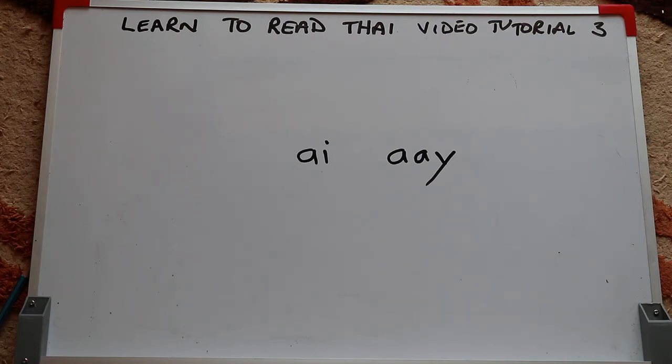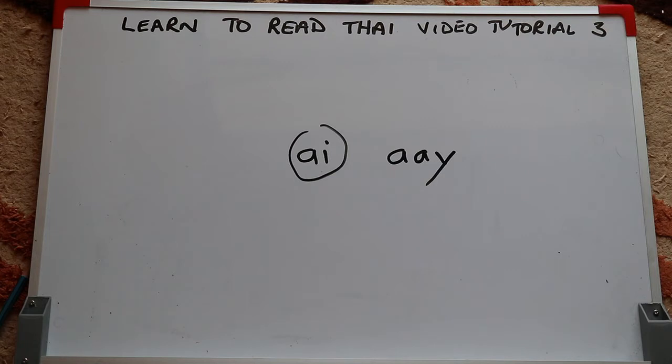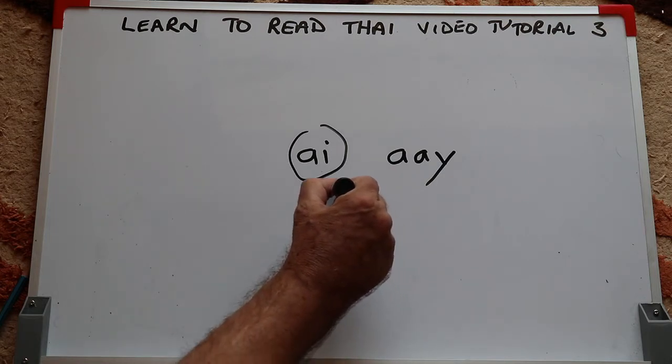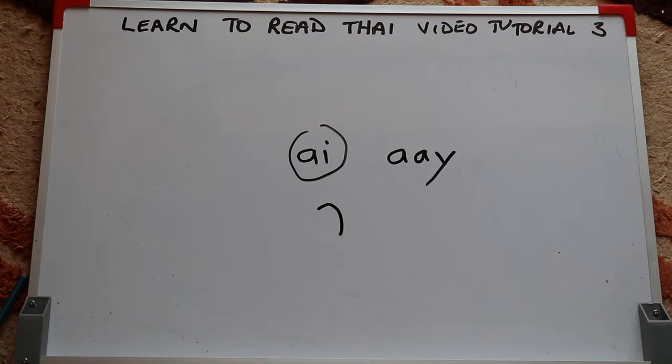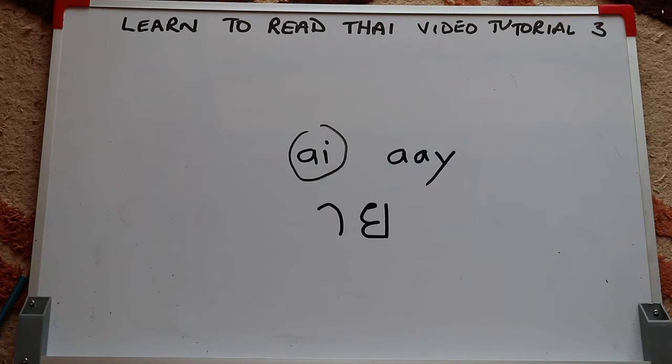So if it's a short I or a long I, the transliteration system just writes it as I, which I think is very misleading. So for the long I, we can use the Sara R vowel we did previously, and the Yor Yak consonant. And I'll give you an illustration of that.